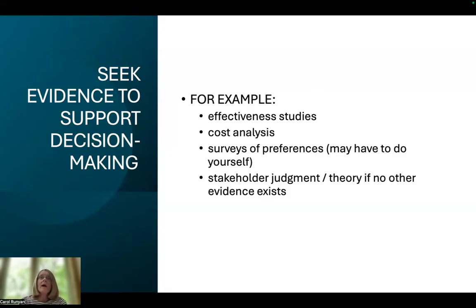There are a number of ways to not just make this up in your head, but rather to use actual data from the literature that's already published, or from doing some surveys and analysis of your own. So keep that in the back of your mind as we go through each of these, and think about what kind of data you might use to understand whether the values that you've put forth are exemplified by the interventions you're considering.